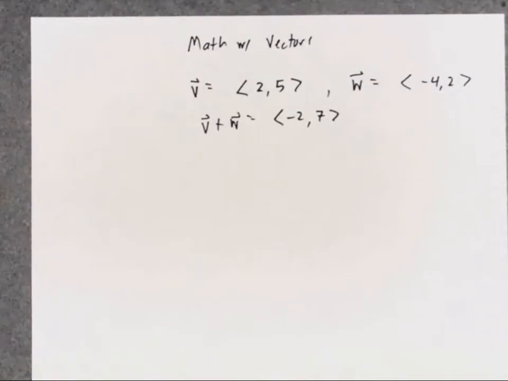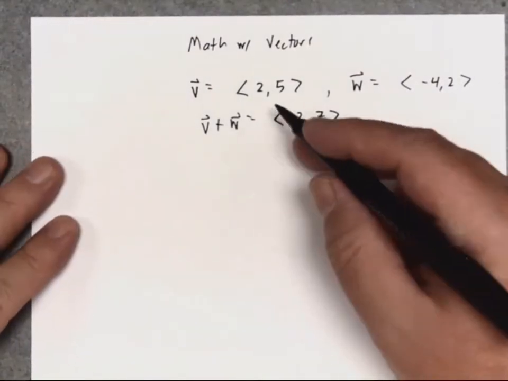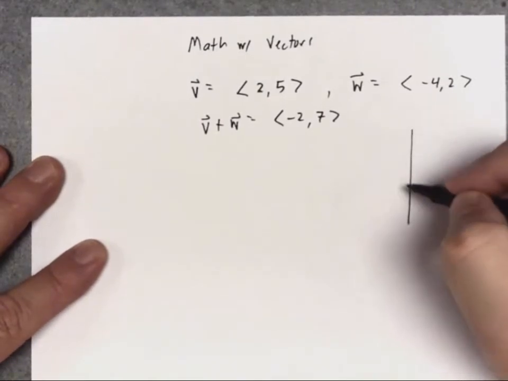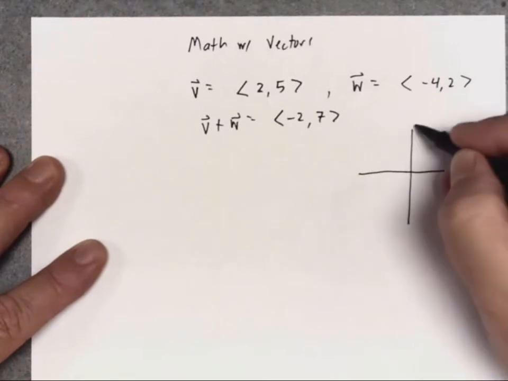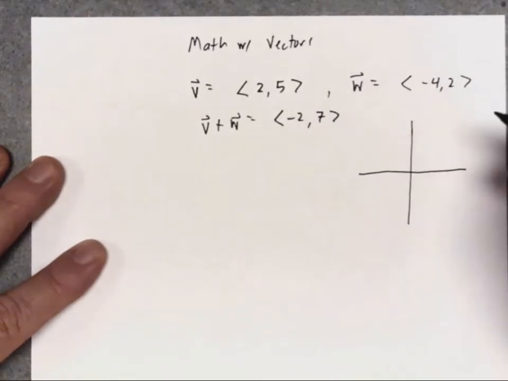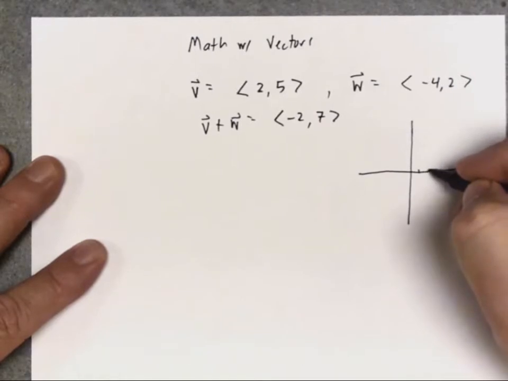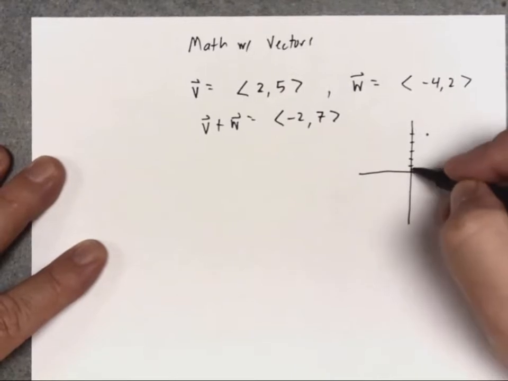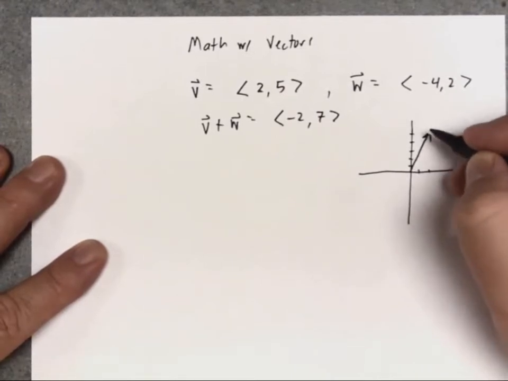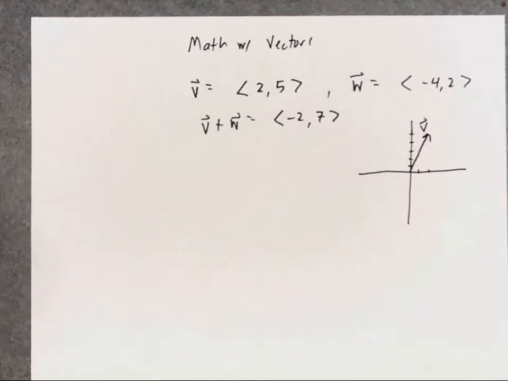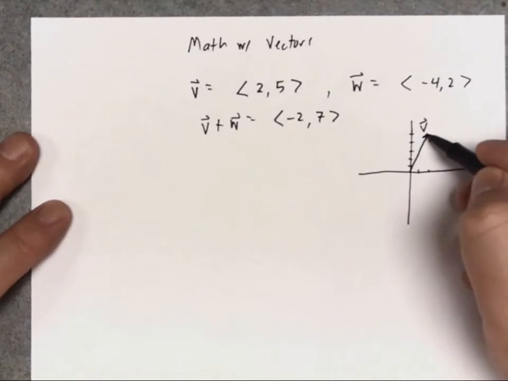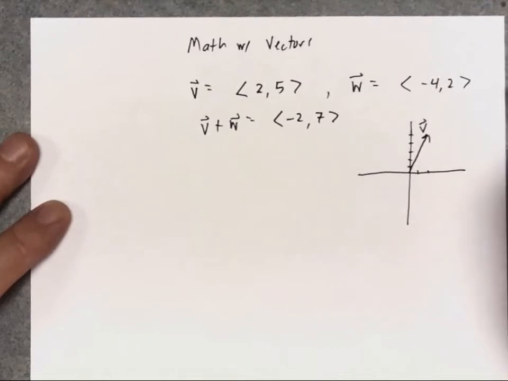Now actually in the book, they go through how you can add vectors graphically, and maybe I'll do one quick example. What you do is you draw your first vector, which is <2, 5>. So there's vector v. Then to add on vector w, you start at the tip or at the end of vector v, and then you step off vector w.